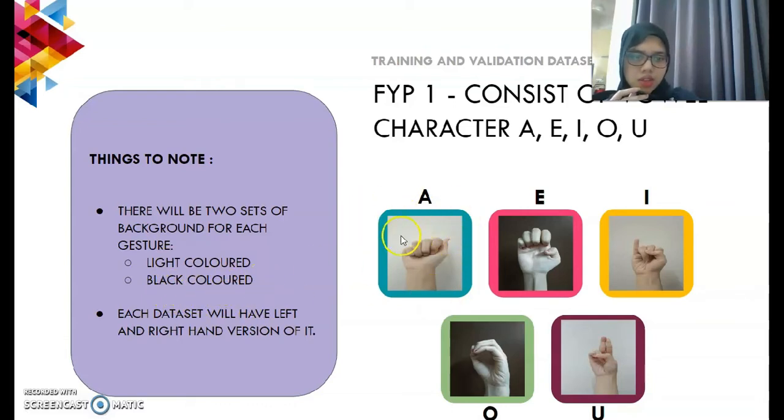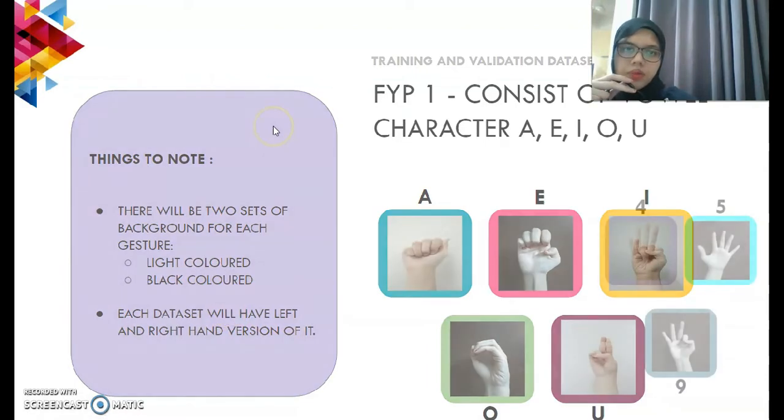As you can see here, A is in a light colored background and E is in a dark colored background. But that does not mean A only has light colored. No, it means A has both light and dark colored background datasets, same as the other gestures. Each dataset will also have left and right hand versions, meaning I've collected A using the right hand and also using the left hand.